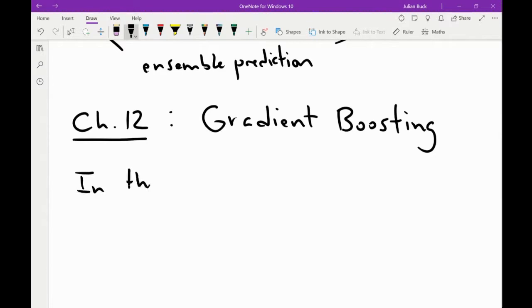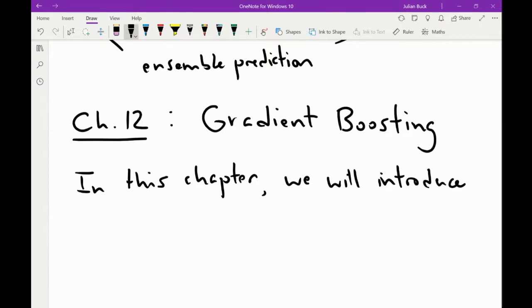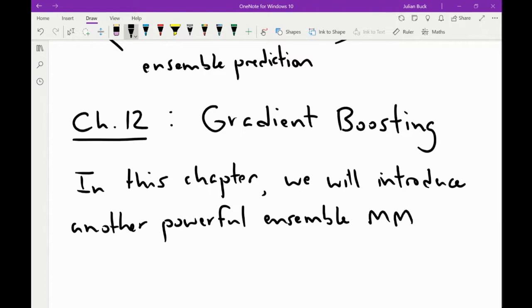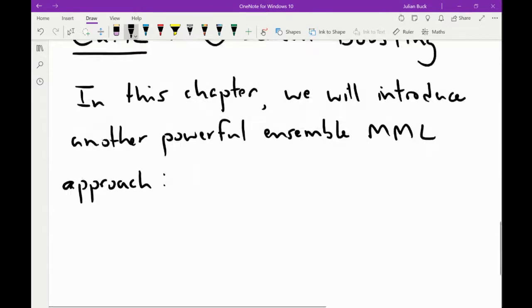So in this chapter, we will introduce another powerful ensemble mathematical machine learning method or approach. We call these gradient boosting machines.